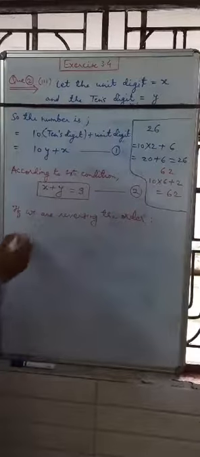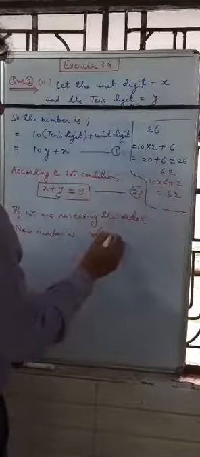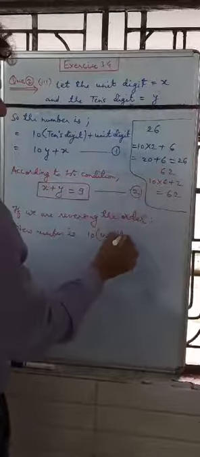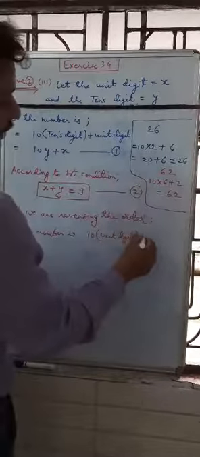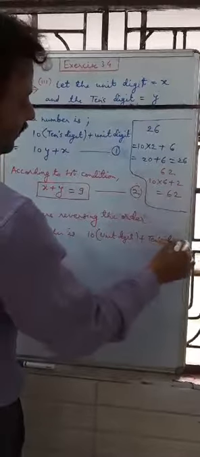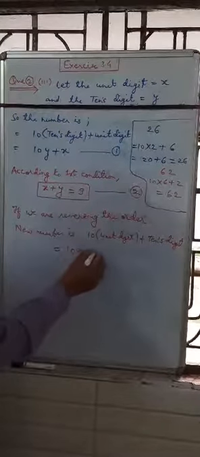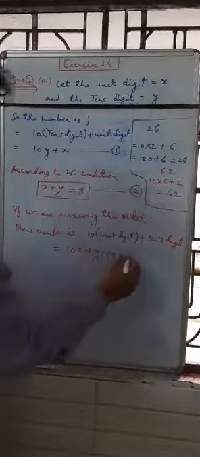So if we are reversing the order, the new number is 10 into the unit digit plus the tens digit. So the new number is 10 into the unit digit, we assumed x, plus the tens digit y.